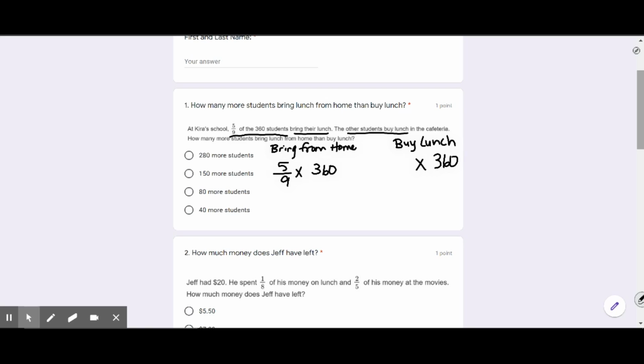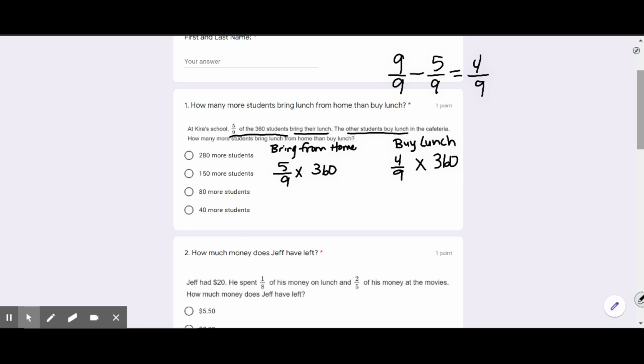So if we have 9 over 9 minus 5/9, what are we left with? 4 over 9, right? They said that 5/9 of the school bring their lunch and the rest buy lunch, so 9 over 9 minus 5/9 equals 4/9. That's why we figured out our 4/9 there.